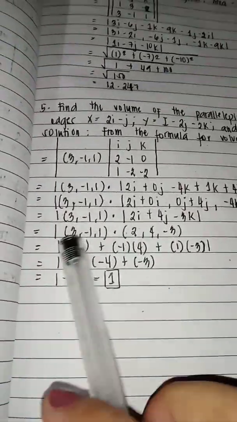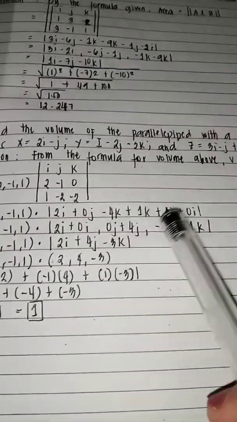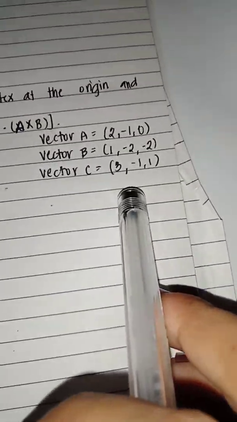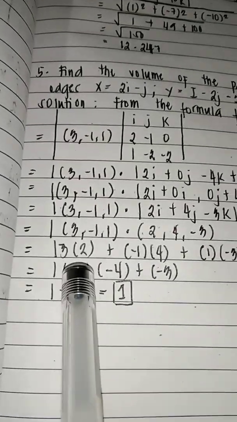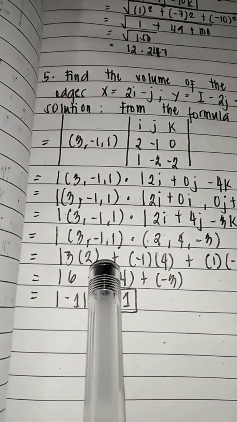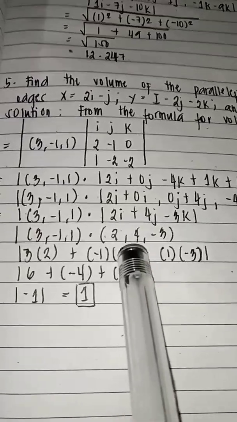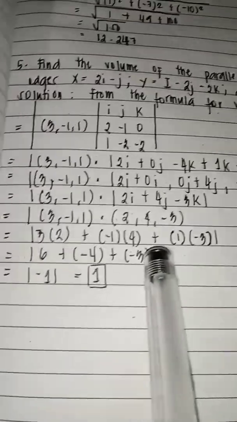Now we will multiply it with the value of vector C, which is 3, negative 1, and 1.